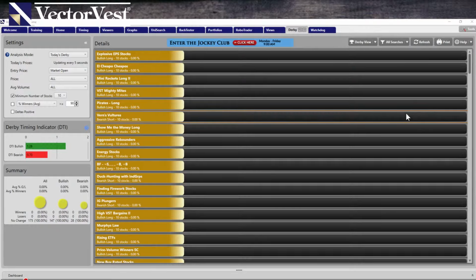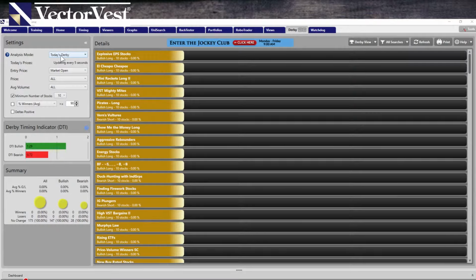So again, today is really all about an overview of what the tool is. So let's start with the settings tab. You'll see that here we have the analysis mode, and every day from a trading perspective, notice it says today's Derby.